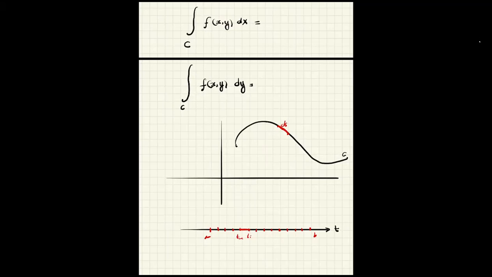because when you move from ti minus 1 to ti, remember, this curve is a parameterization, right? The curve is given by x(t) and y(t). This is the curve.